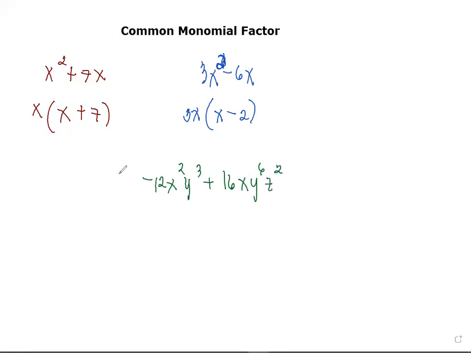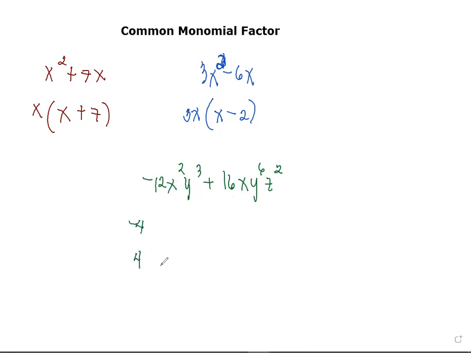Okay, so we need to get the common factor of these two terms. First is the constant numbers, which are negative 12 and 16. So what is the GCF of negative 12 and 16? It could be negative 4 and also positive 4.